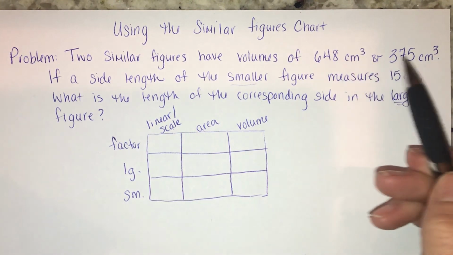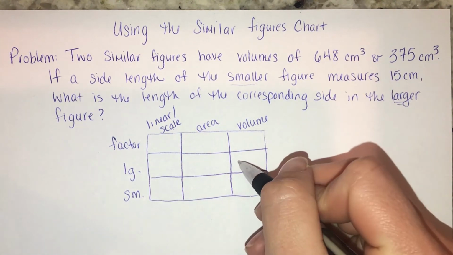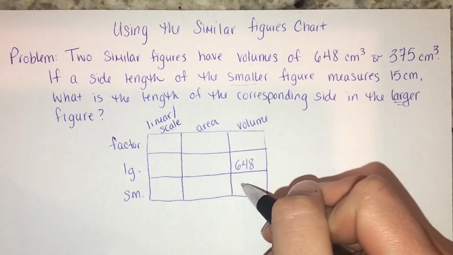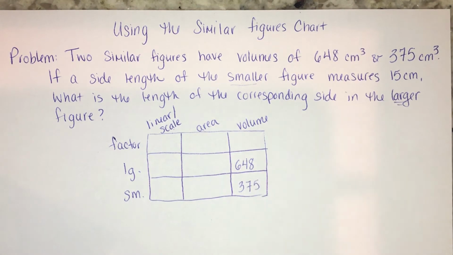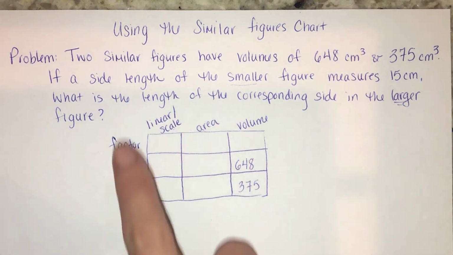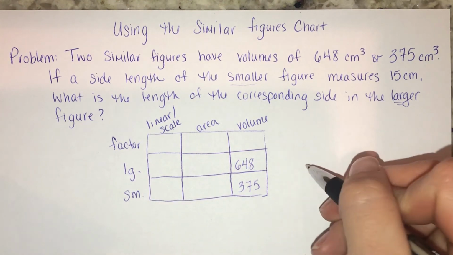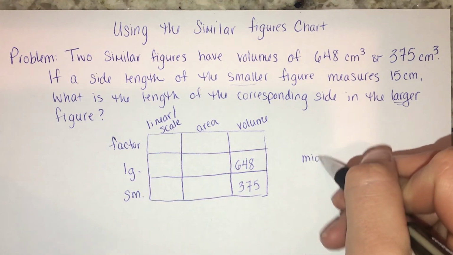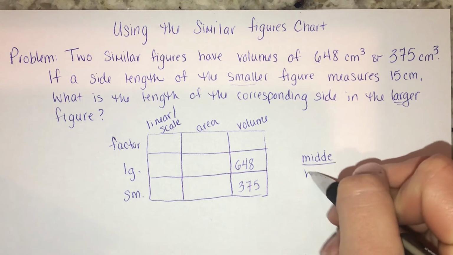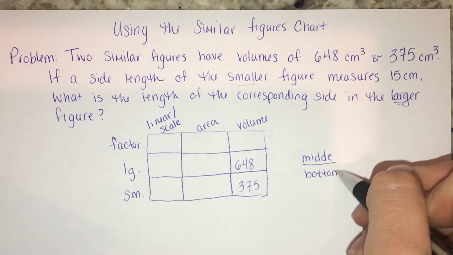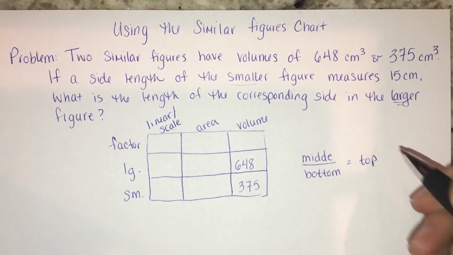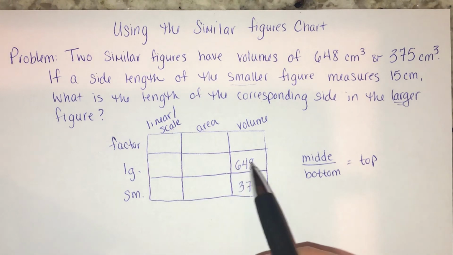So I'm going to go ahead and fill in my volumes. I know that the larger volume is 648 and the smaller volume is 375. The way this chart works is if you divide the middle row by the bottom row, you will get the top row.